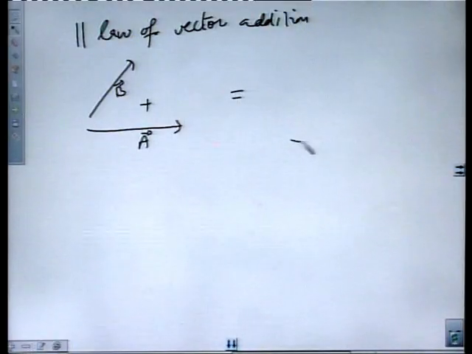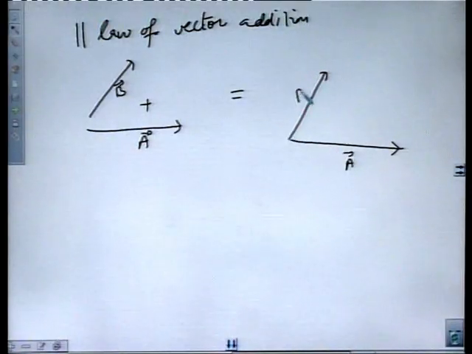Now in this case, we take first the vector A and place the vector B on the starting point of the A, so that the starting point of two vectors coincide with each other.